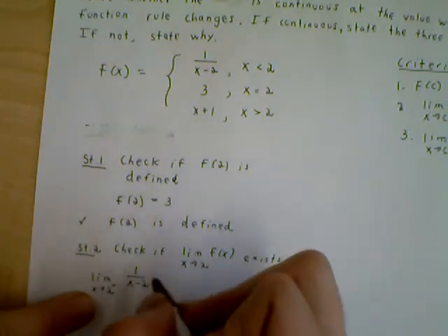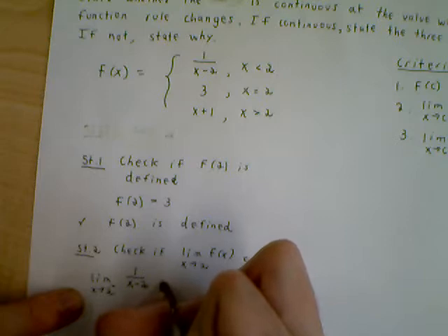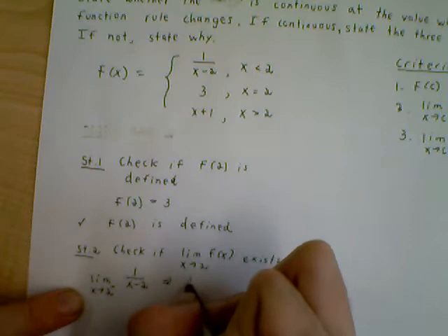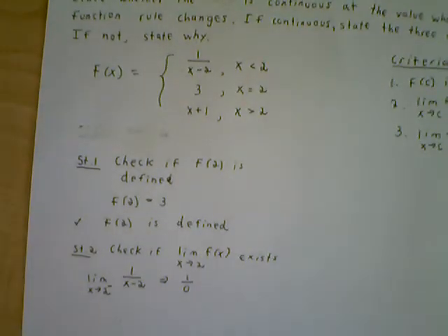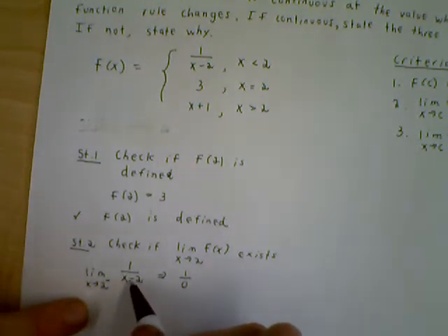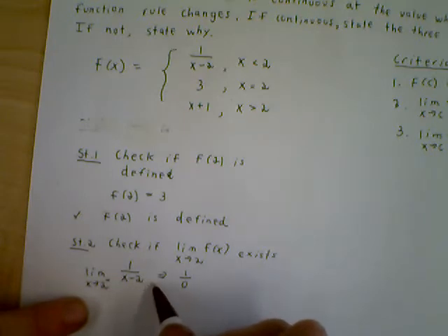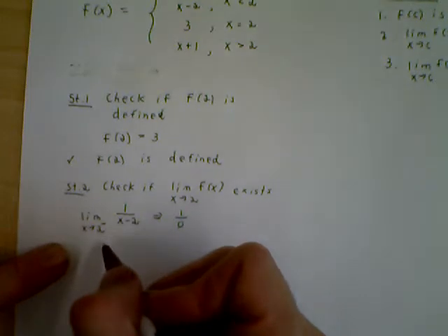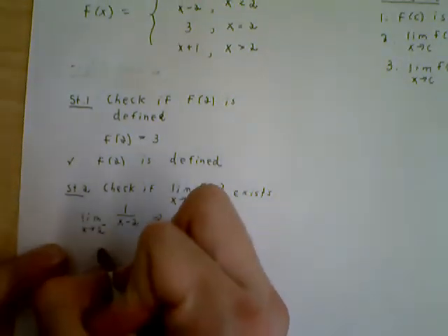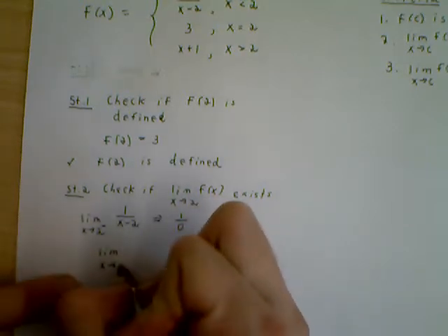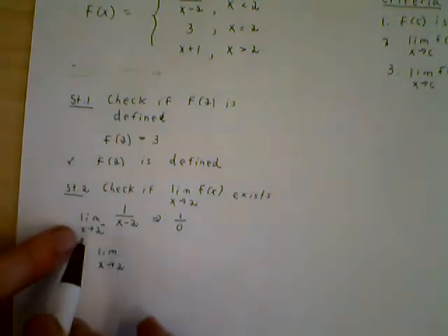But if I try and plug in 2, I get 1 over 0, and that's not going to exist. I actually have a non-removable discontinuity in the denominator at x equals 2.